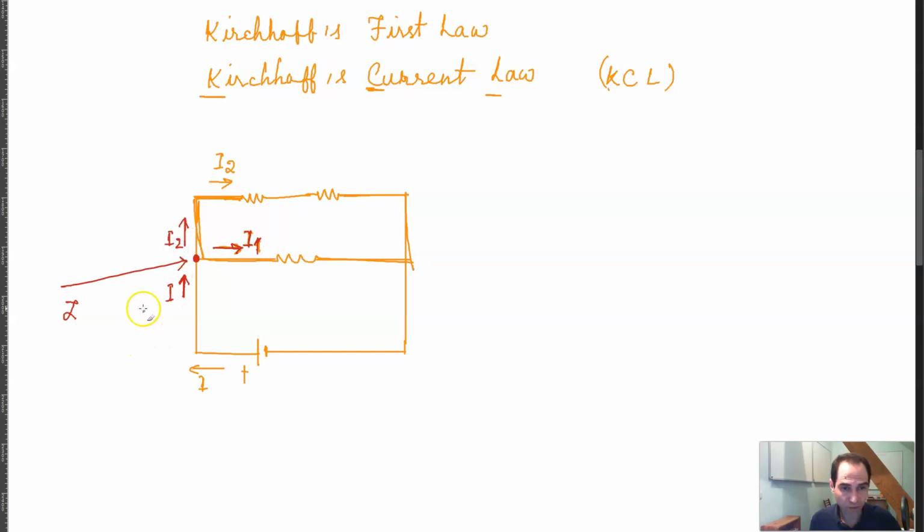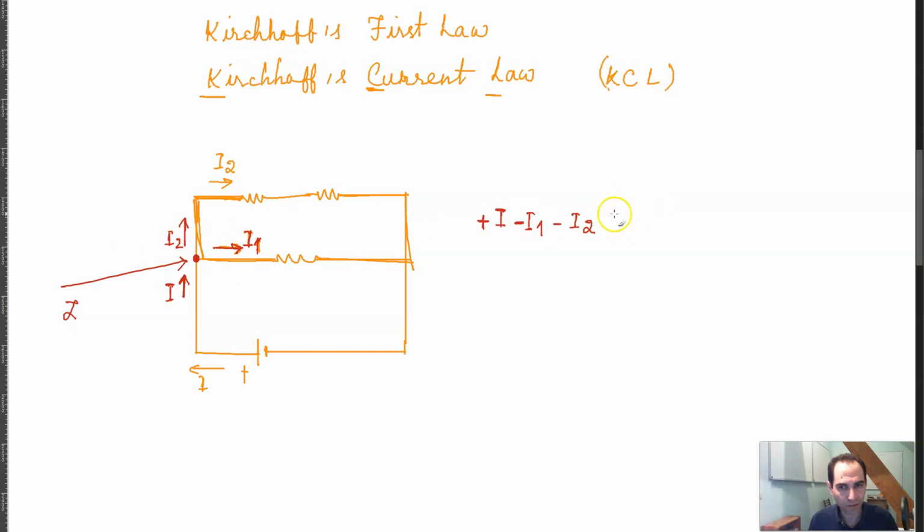What Kirchhoff says is that if I think of the currents coming in as positive and the currents going out as negative, then you have positive I, negative I1, because it's going out, and negative I2, again because it's going out.